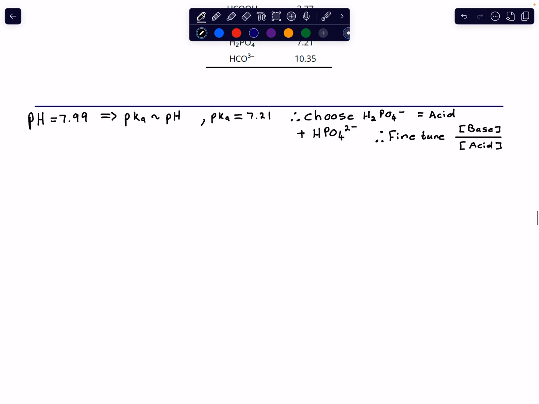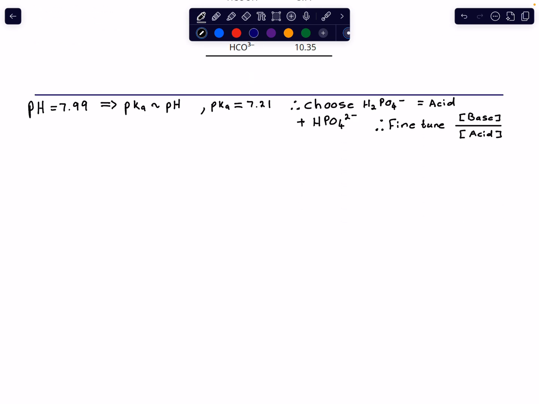If you analyze the Henderson-Hasselbalch equation, it says pH is equal to pKa plus log of the concentration of the conjugate base divided by the acid concentration.